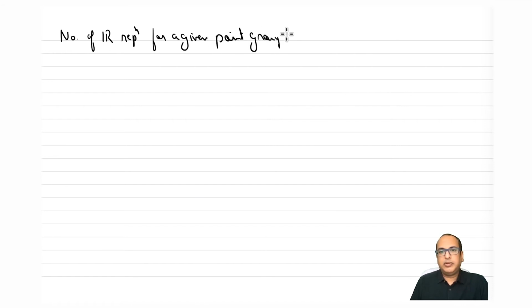What is that number? So I will write IR for irreducible and REPN for representation. So the number of irreducible representations for a given point group is equal to the number of classes.